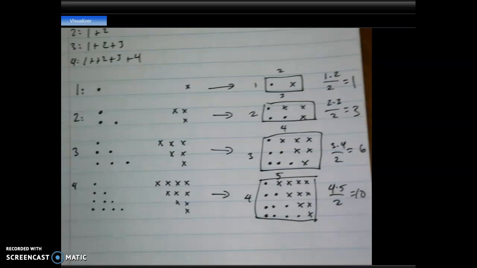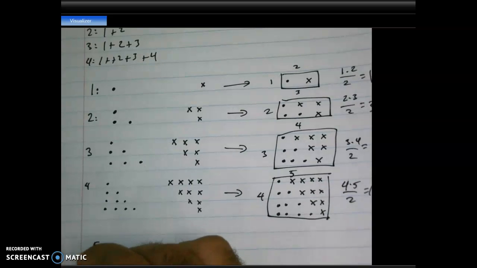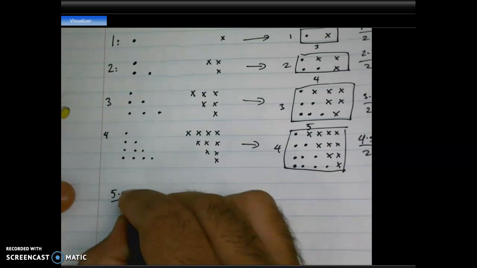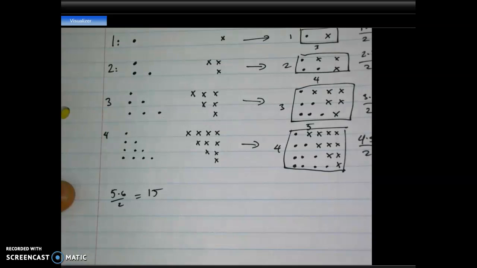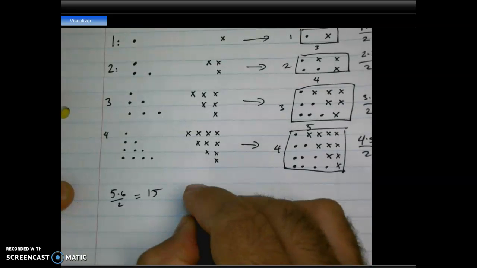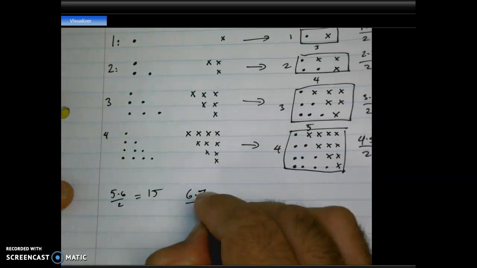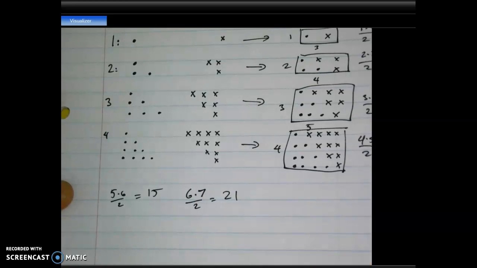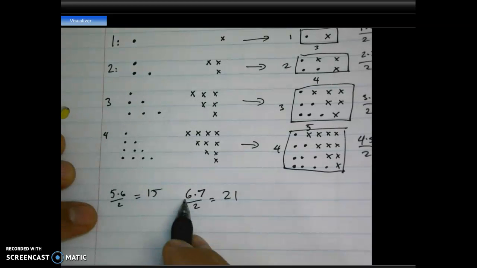5 times 6 divided by 2 is 15. That's our 5th term. 6 times 7 divided by 2 is 21. That would be our 6th term. Okay? So, in other words, for each term here, you're taking the term value, adding 1, multiplying and dividing by 2.